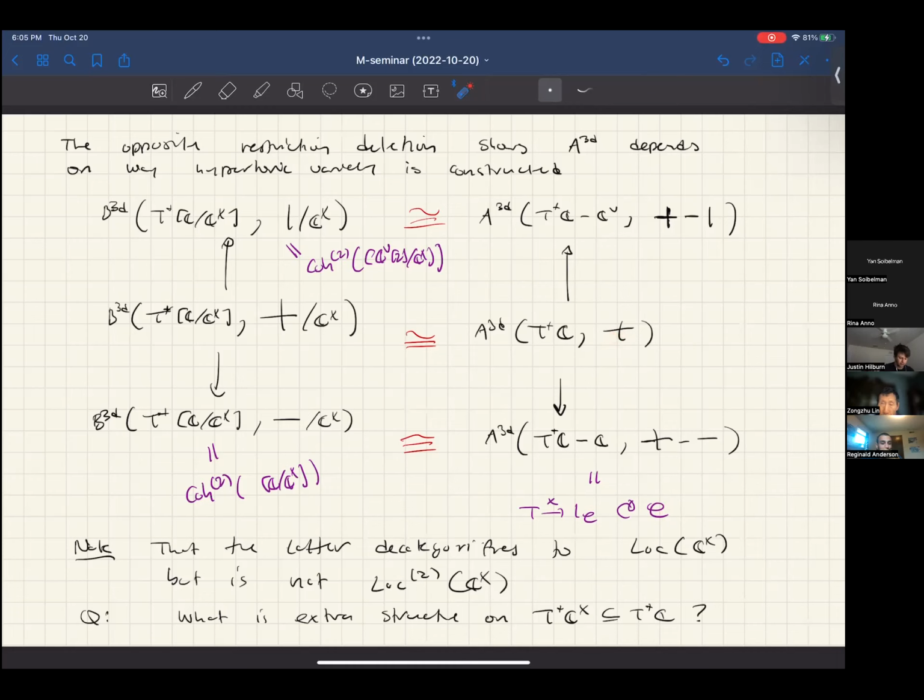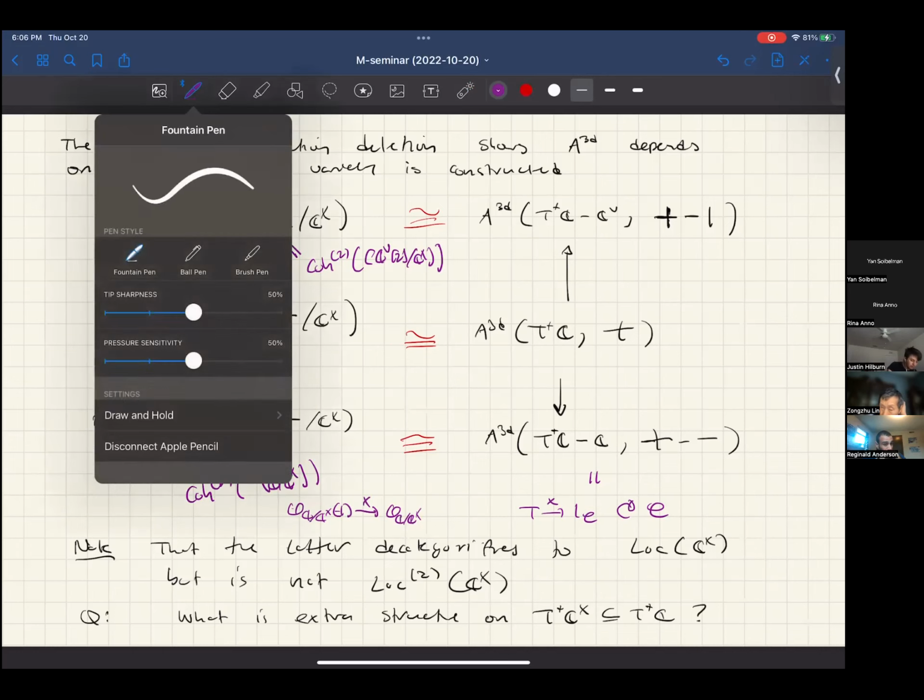And here you just remember either the nearby or the vanishing, and then you continue to remember your twist together with its map. And this thing corresponds to O C mod C star with grading shift by -1 maps by X to O mod C star. It's what this thing is dual to.